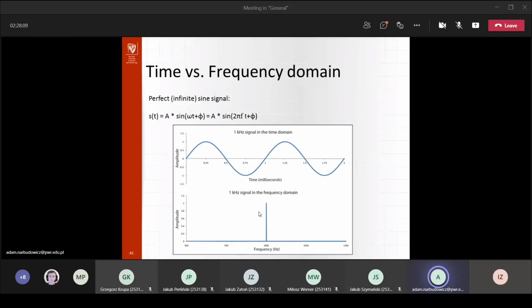And actually the vice versa approach holds, right? Because you should know that apart from the scaling factor, the Fourier and inverse Fourier transform are symmetric. So if you would have a time signal which is Dirac's delta, in frequency domain you would have a bit strange spectrum like this.